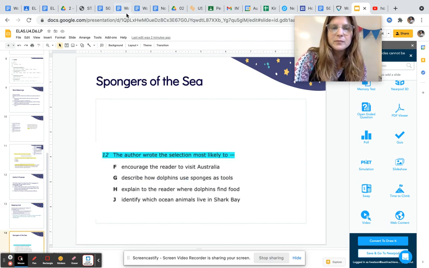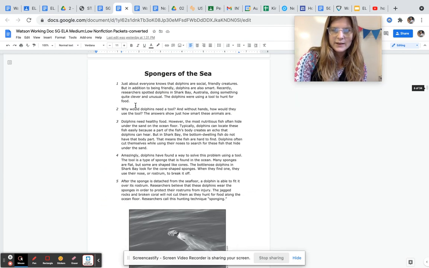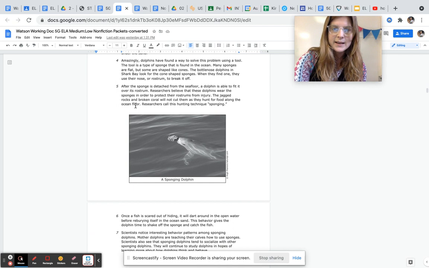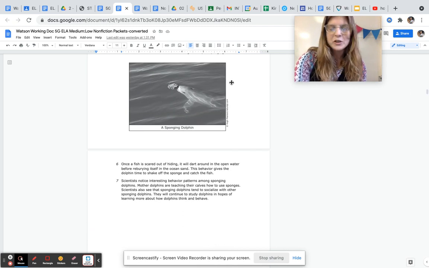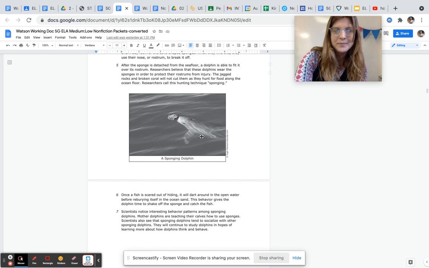Okay, so if we look back at our text, Spongers of the Sea, we've got one text feature of the sponging dolphin. I think the author put this picture in to show us how the dolphin uses the sponge to hunt and protect its nose from getting injured.